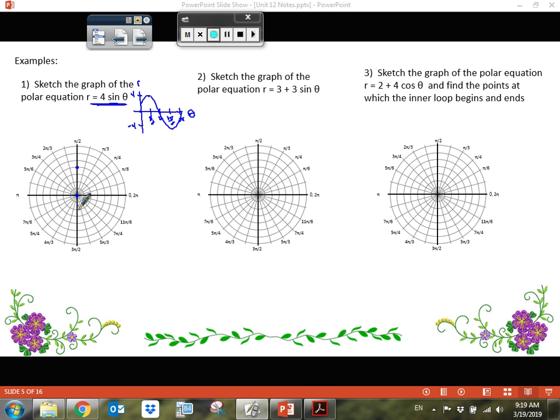So let's look. This is the first quadrant between 0 and pi over 2. As you can see, at pi over 4, it looks like about 3.5 or more. So at pi over 4, 1, 2, 3, I would need to be kind of out here a little bit, kind of plump.